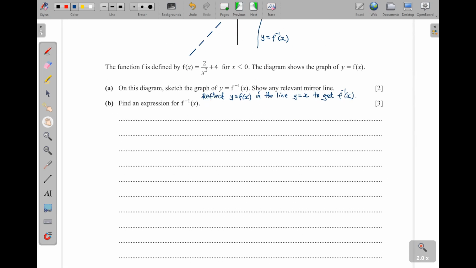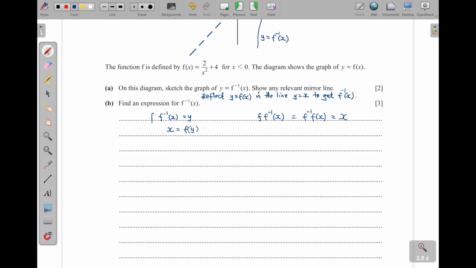All right, then part B, find an expression for the inverse. If my inverse is equal to y, then take the f away from here. We shall have x equals f of y. Because remember, we have a rule in functions: f inverse of f of x is equal to x.